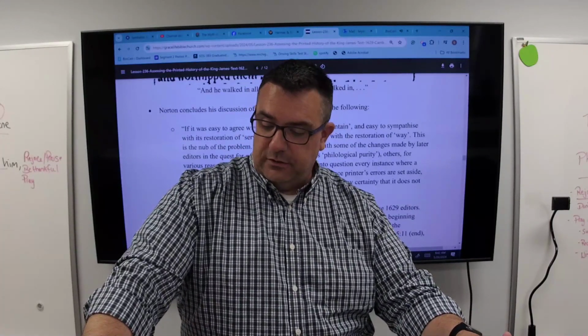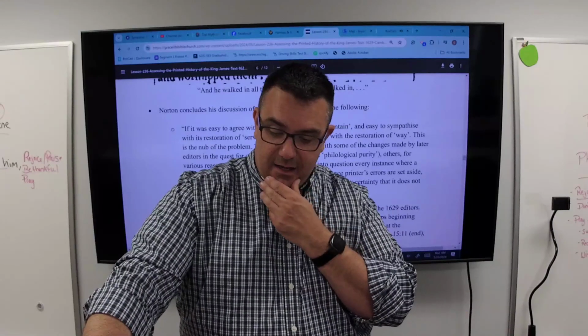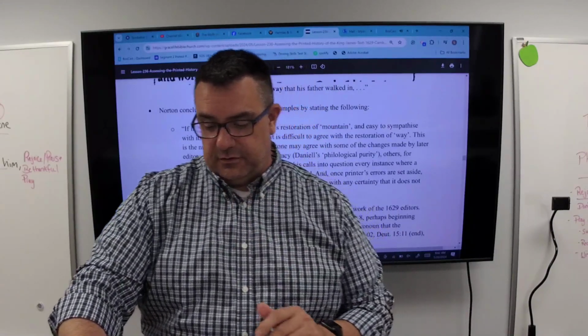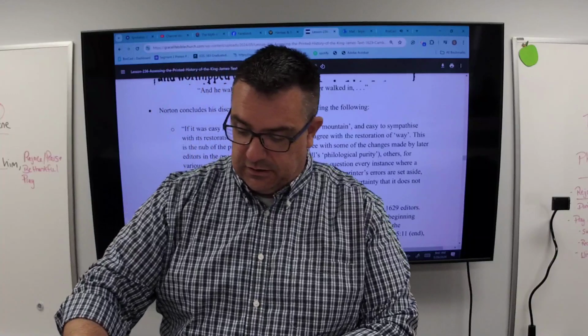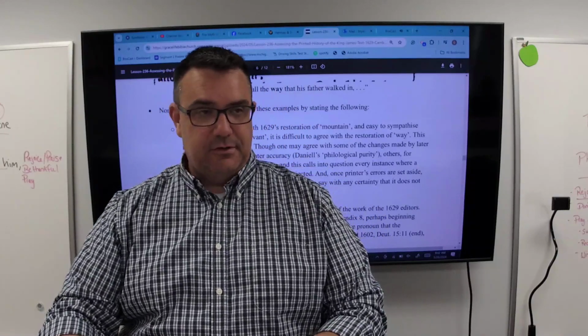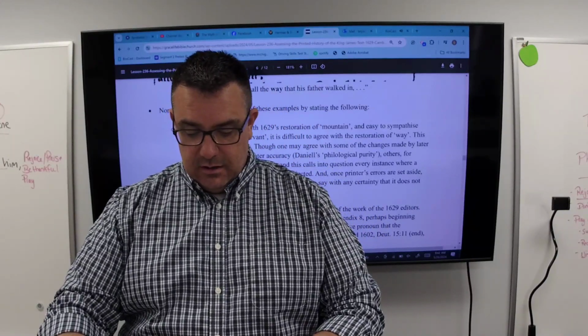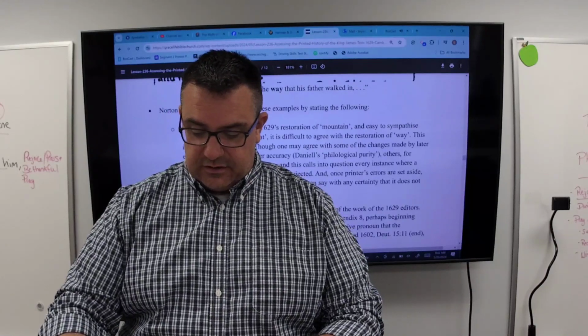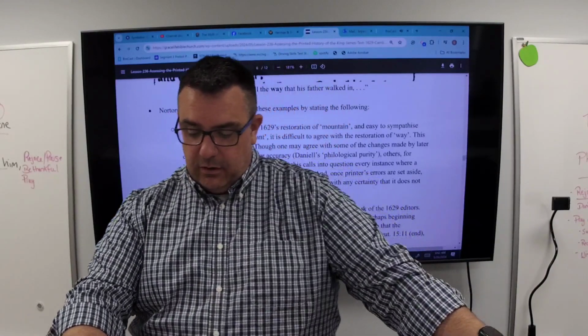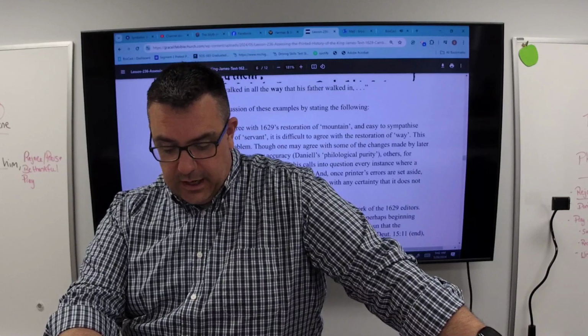And once printers' errors are set aside, there is little in the first edition of which we can say with certainty that it does not represent a deliberate decision. The three examples just discussed stand as typical of the work of the 1629 editors.